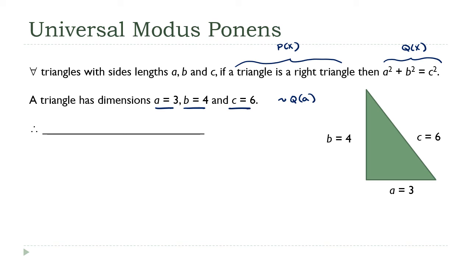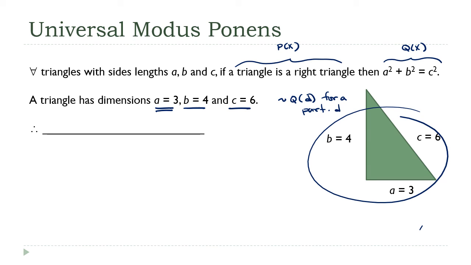I used A for a side length, and here we used A in our definition of universal Modus Tollens, which is kind of why I put it in here. It's a bit of a poor choice since A has already been used. We could say instead, what other letter? Let's just pick the next letter. Let's say Q of D for a particular D, and the particular D here is this triangle.